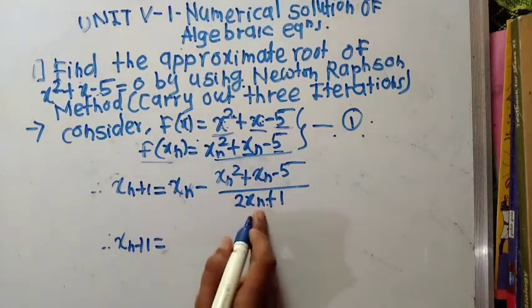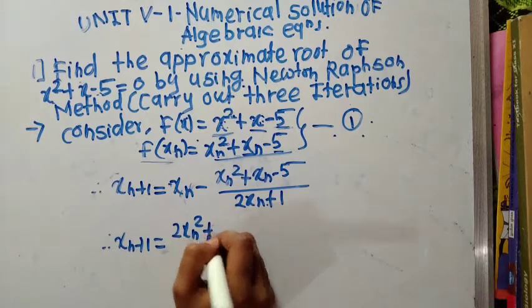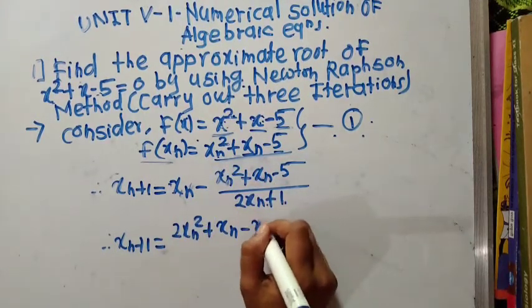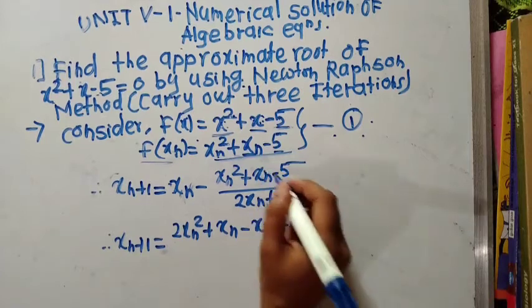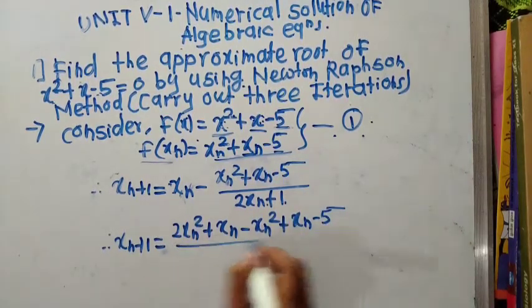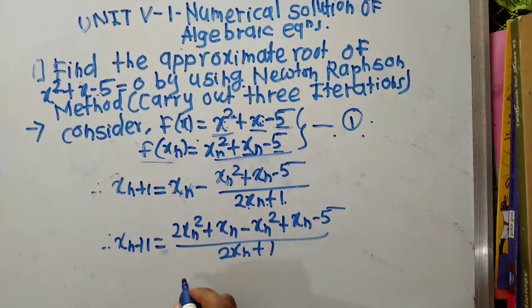Now multiply: 2 into xn square plus 1 into xn is xn minus xn square plus xn minus 5, divided by 2xn plus 1.